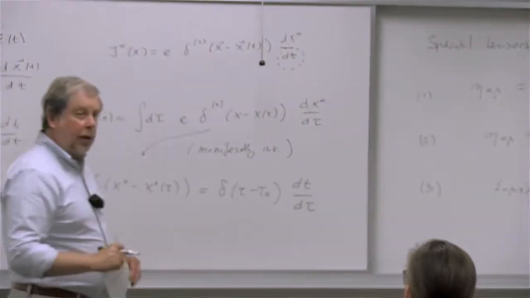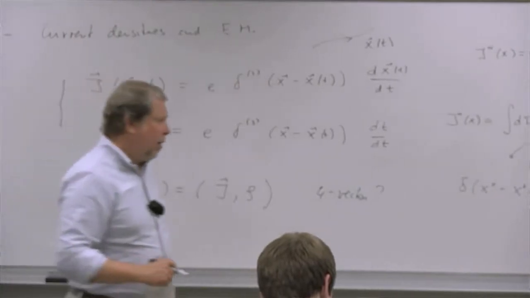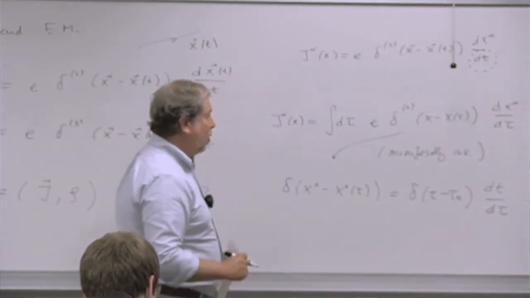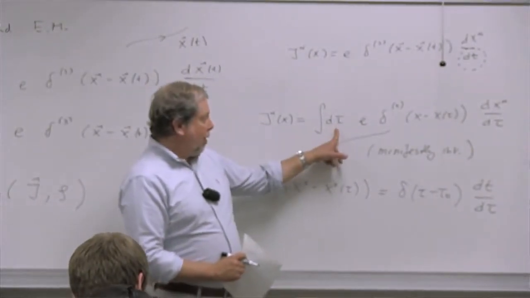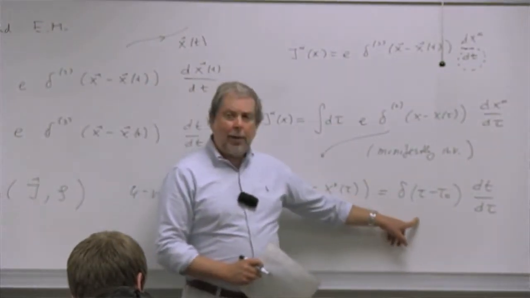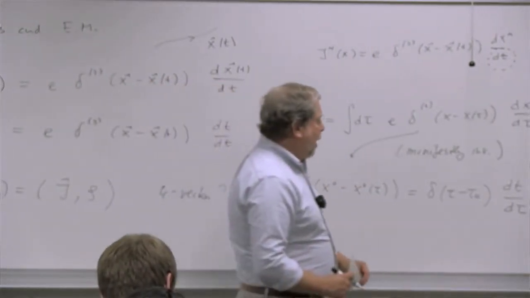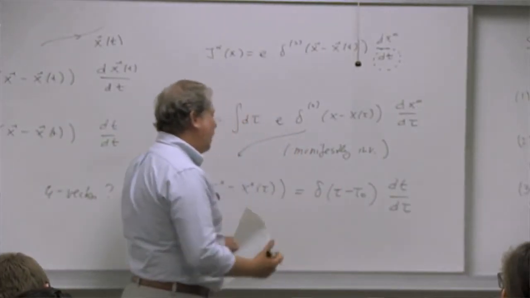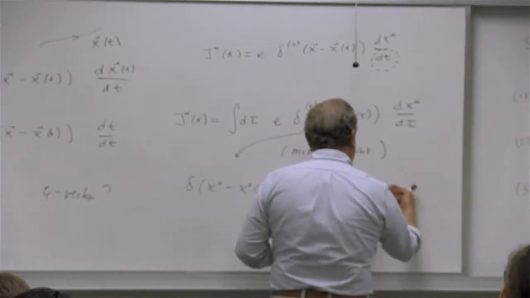It's this Jacobian, the derivative of the argument of the delta function with respect to the variable. And so now we can do the delta function integral because we have an integral in d tau, and the integral of the delta function is 1, so that goes away. And what about the d tau by dt?